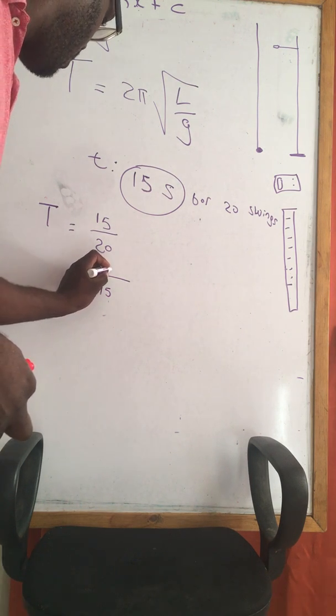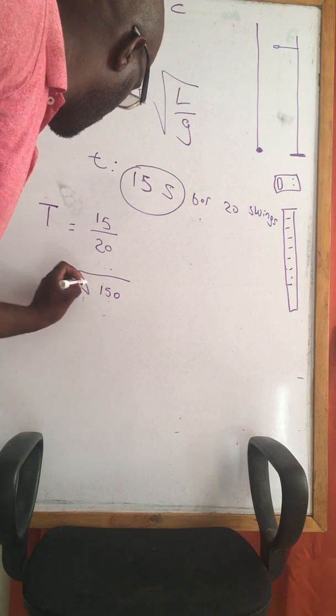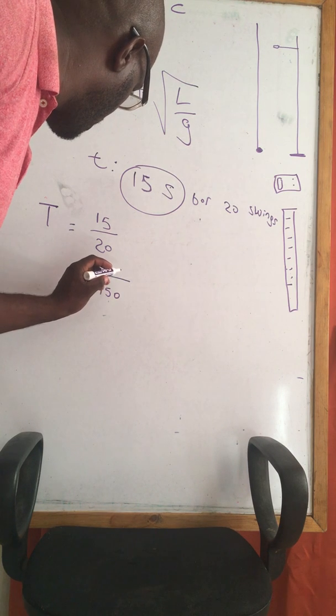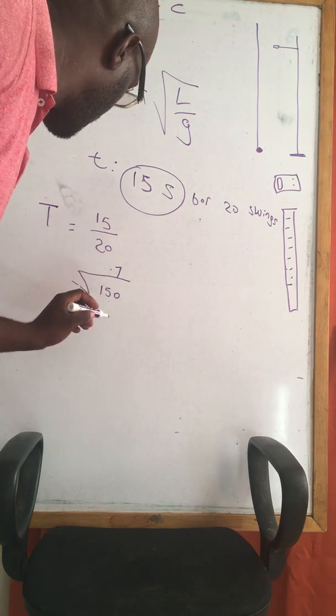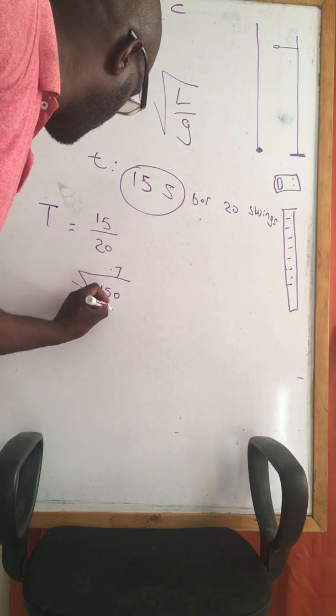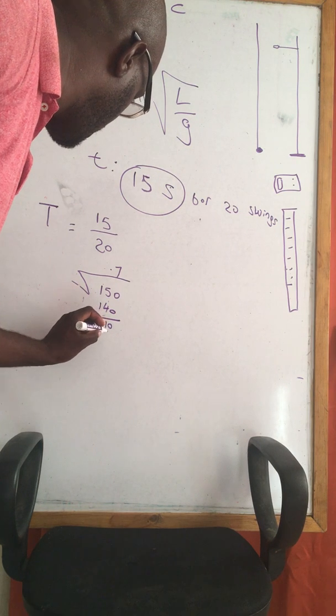That would be point, you put a 0 right there. And 20 into 150 is equal to 7. 7 times 20 is equal to 140, and that leaves 10.